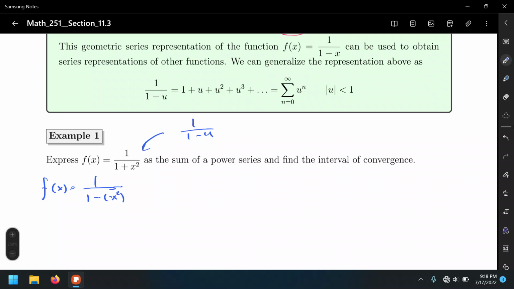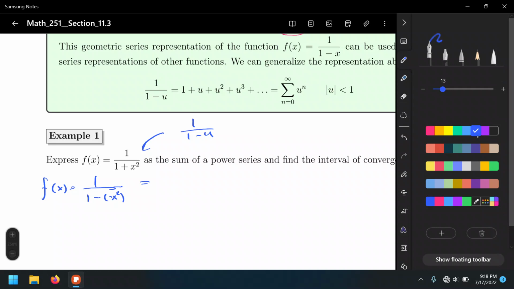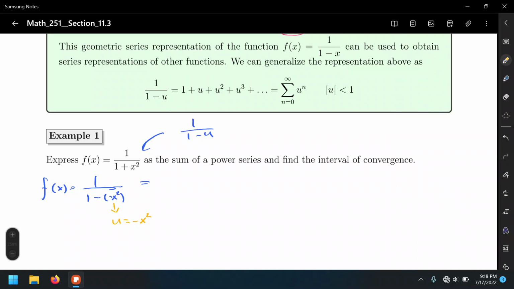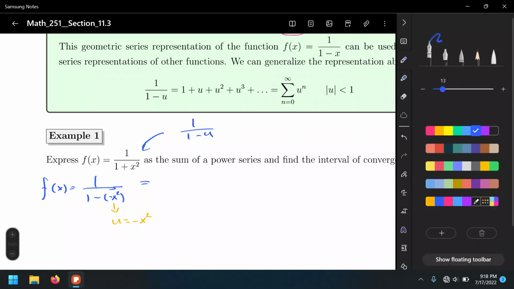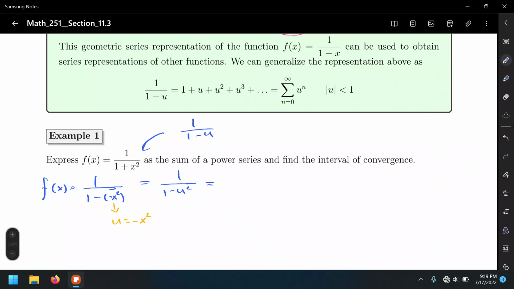Now it looks like 1 over 1 minus some u, where in this case u equals negative x squared. So I'm going to rewrite this function in terms of u, that is 1 over 1 minus u, which is what we wanted, and then just use the power series for the geometric series.